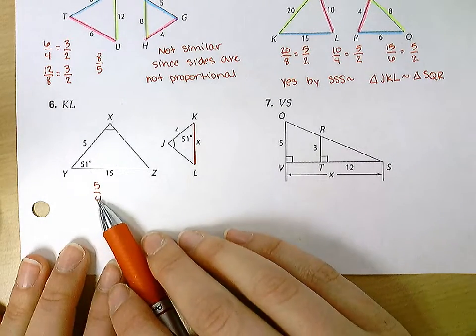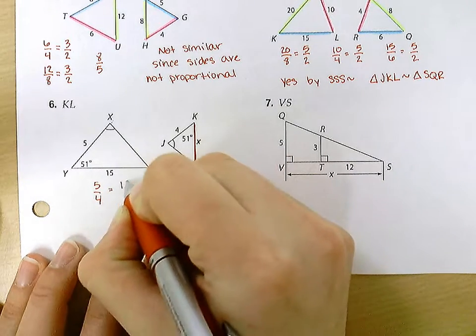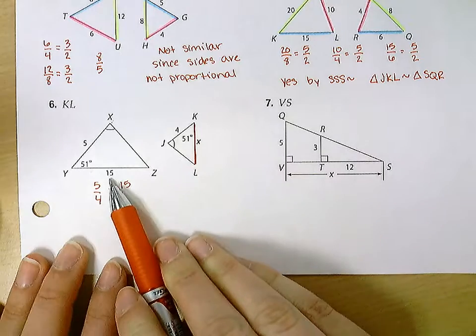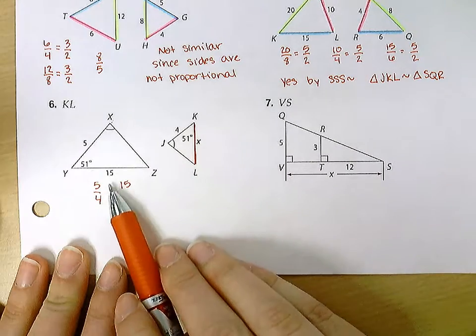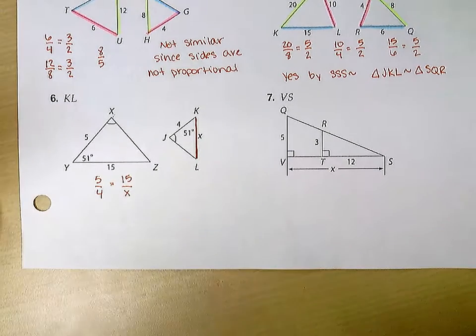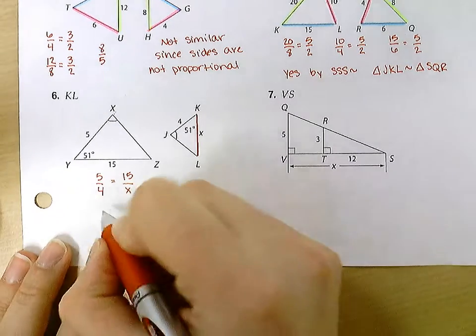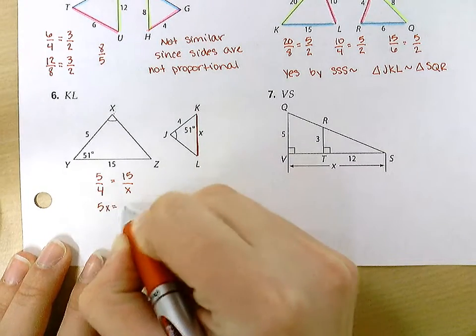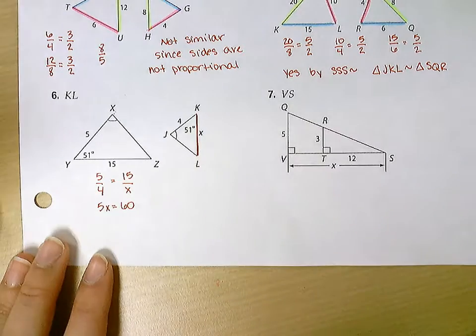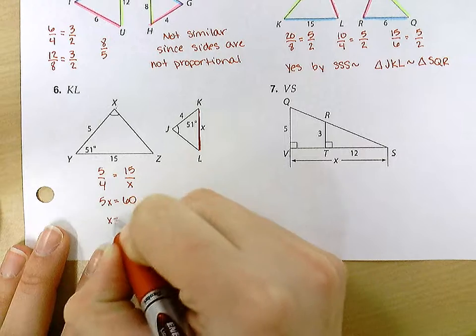Now in my first ratio, since I started with this triangle, I again want to start with this triangle. So I have 15 over its corresponding side of x. Okay, then I just have to cross multiply. So I have 5x is equal to 60. Divide by 5.